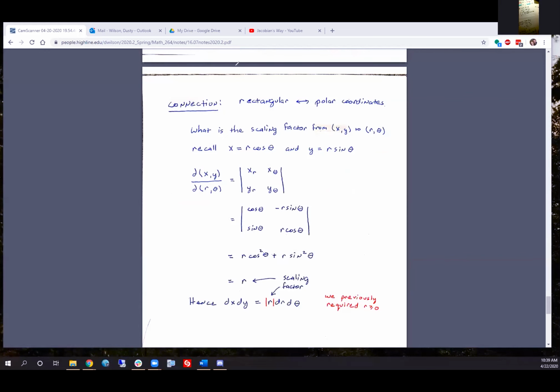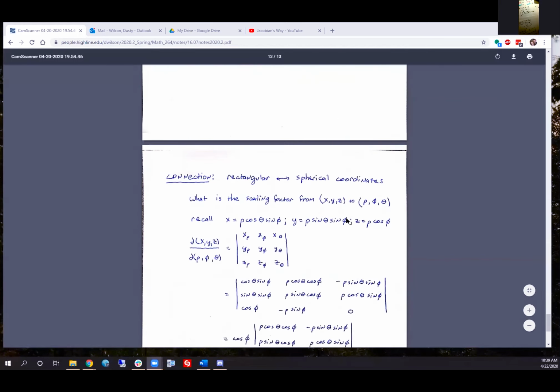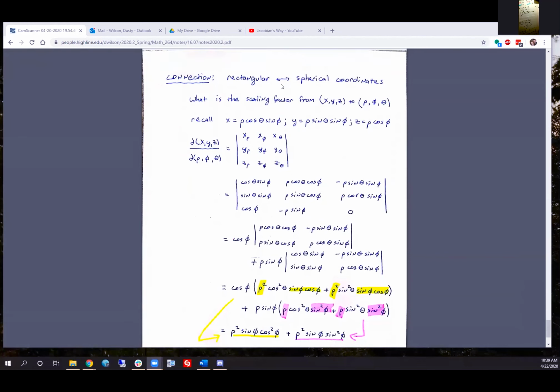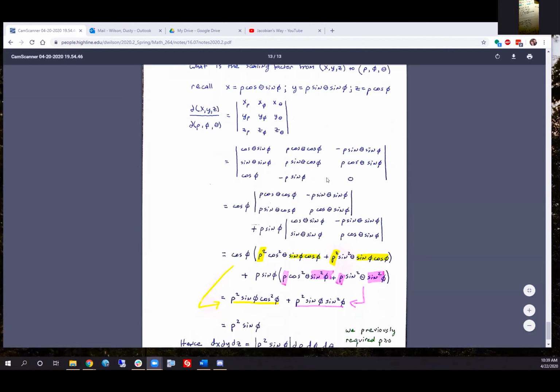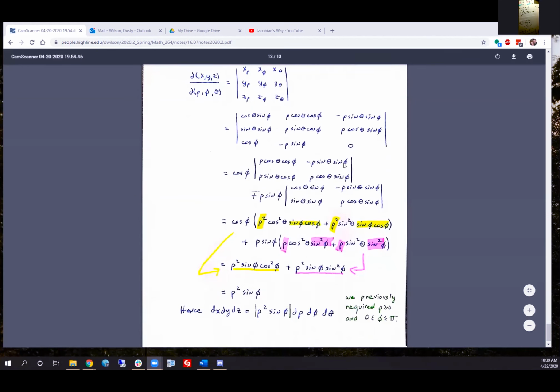Because that one's so cool and we're already there in the notes, you could do the same thing going from rectangular to spherical coordinates, except you end up with a 3x3 determinant with a bunch of trig functions in it. It's not hard, but it's a total mess. You have to keep track of everything, multiply it all out, and keep using common factors.